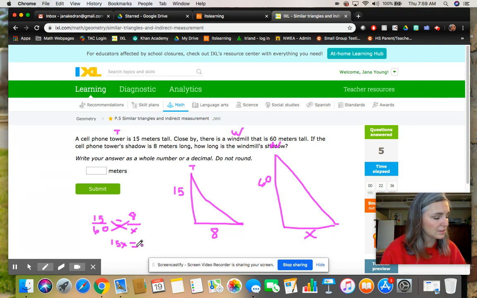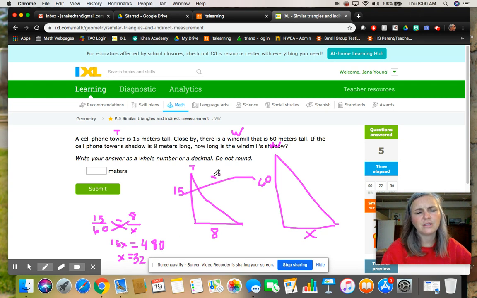Because I'm still a little sleepy, I'm just checking that. 480. And then I would take 480 divided by 15, and I would get 32. So again, you can always set this proportion up in order to solve it, or you can say, okay, 15 times 4 gives me 60, so 8 times 4 is going to give me 32.